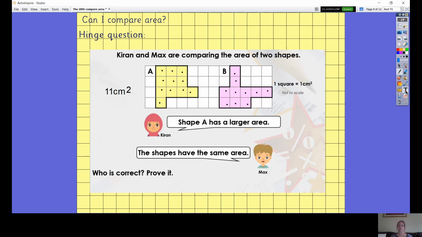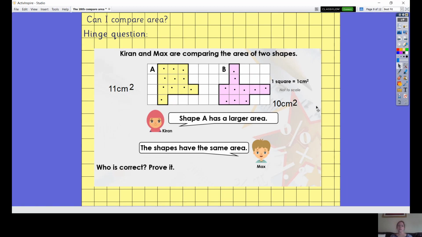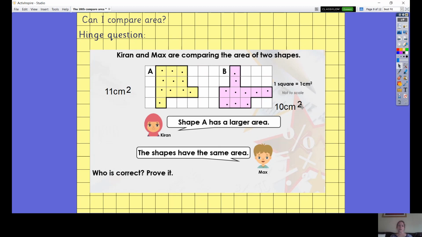So that one has an area of 10. So Kieran said that shape A had a larger area. Well, I've worked out that shape A's got an area of 11 centimetres squared and B has got an area of 10 centimetres squared. So I think at the moment Kieran might be right, so I'm going to tick her there.